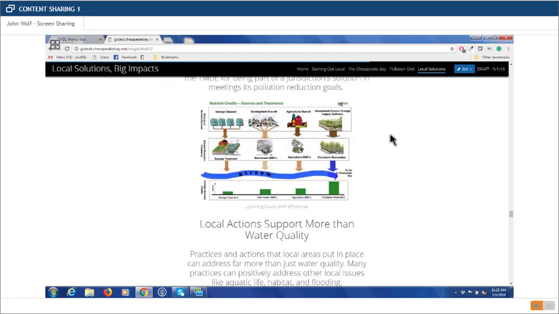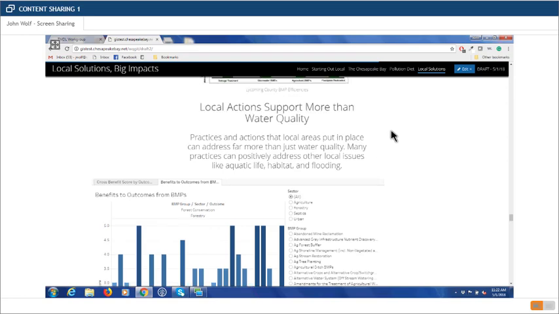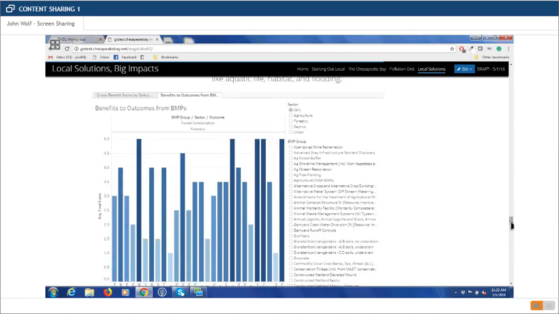So anyway, still at the local level, we realize that there are other things going on besides tracking progress towards nutrient reductions to the bay. And so this is a table that's actually trying to illustrate the concept of co-benefits. And you know, we have the Bay Watershed Agreement that has 10 goals and 31 outcomes.